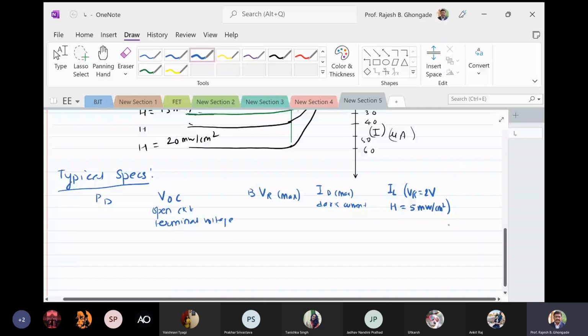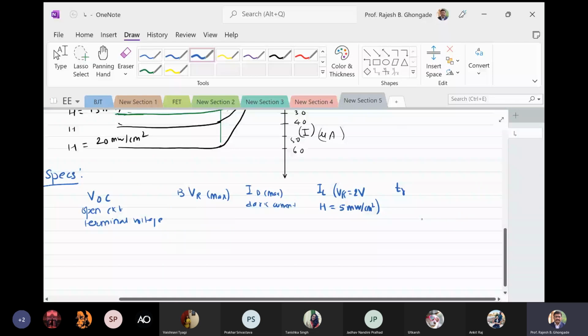Then we have something called as the response time, and the wavelength at which it is sensitive.